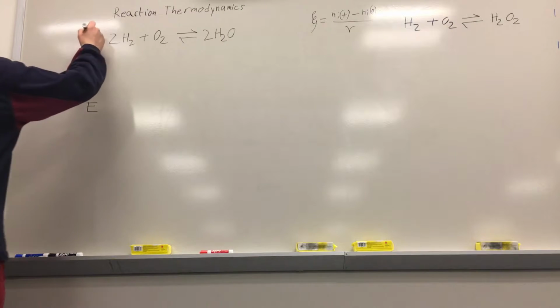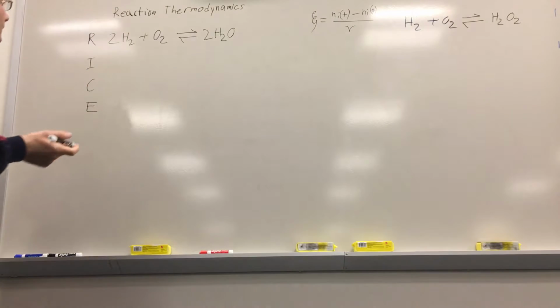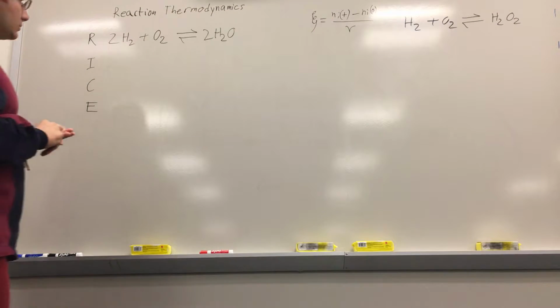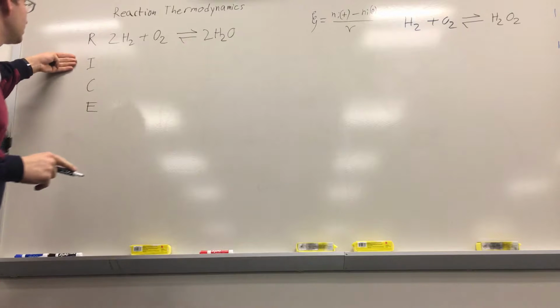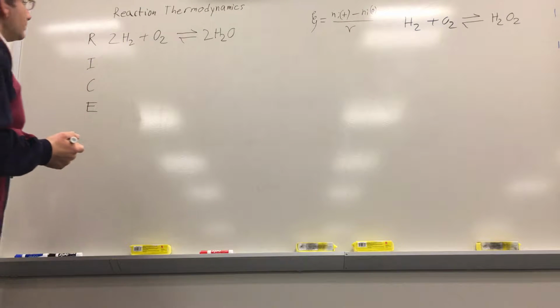The first thing you do is you got to get your initial amounts, which you can, if you're in a pinch, just make up numbers like I'm going to do for this example. You can use the ideal gas law of the gas phase reaction to find out what you start out with. Or more likely, you'll probably just be given numbers.